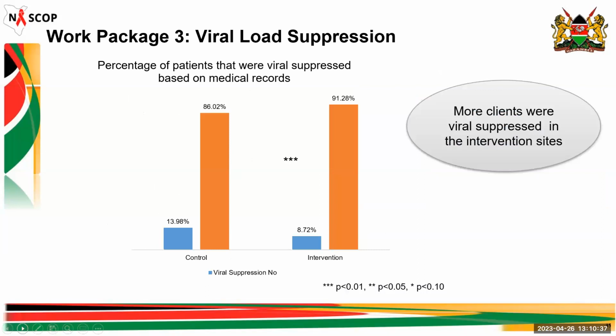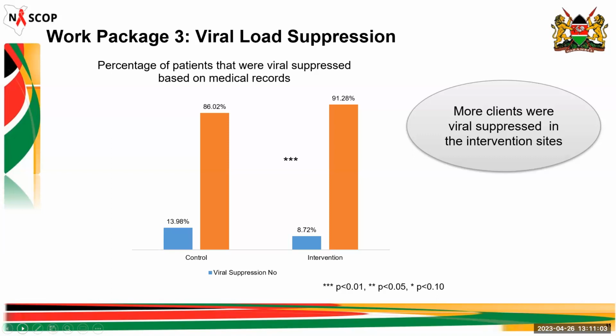So in terms of viral suppression, we were able to demonstrate between the intervention and the control sites that the facilities that had more hand-holding, more process thinking around what it takes, what the missed opportunities are, and how to close those gaps, were able to sustain viral suppression in their cohort of clients.